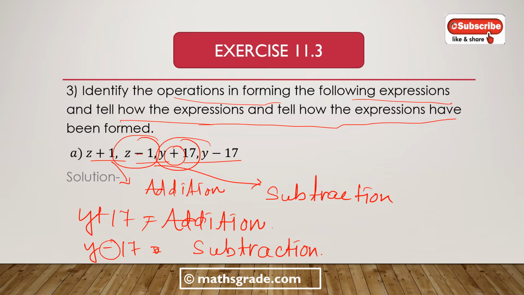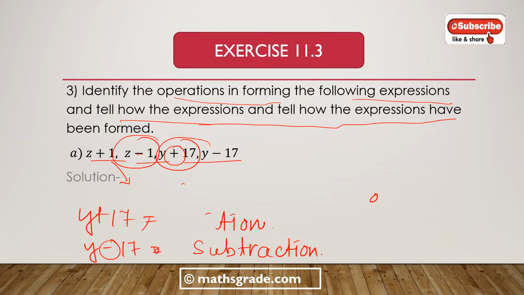Identify the operation in the following expression and tell how the expressions have been formed. Z plus 1 is formed with addition of the variable z and the constant 1. And z minus 1 is formed with subtraction, subtracting 1 from the variable z.